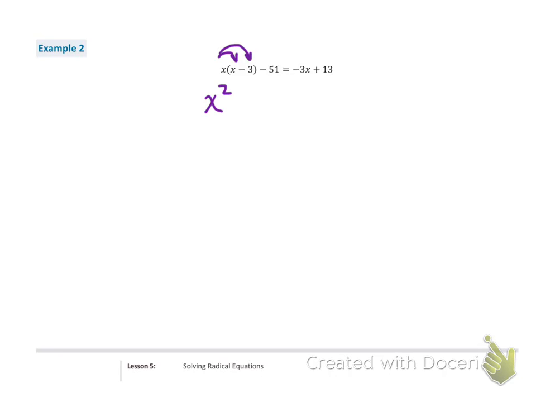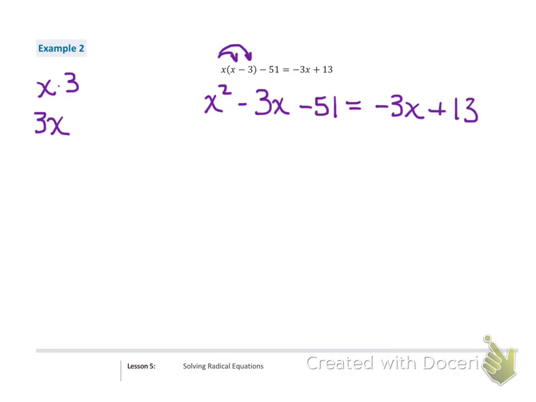The second term is going to be x times 3, which we'll write with a coefficient, 3x, minus 51, and that is equal to negative 3x plus 13.